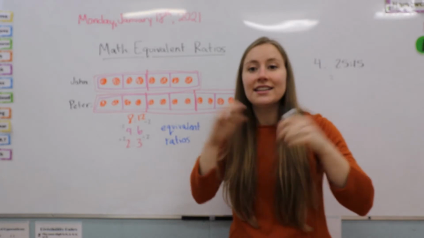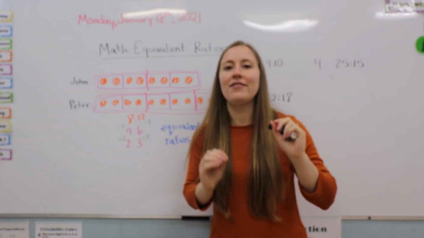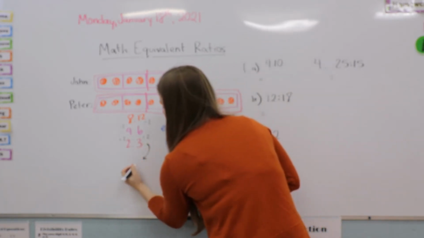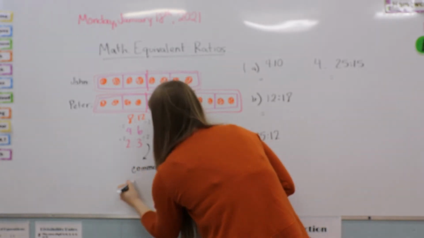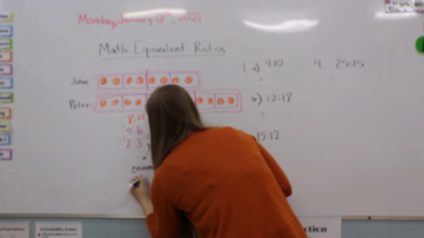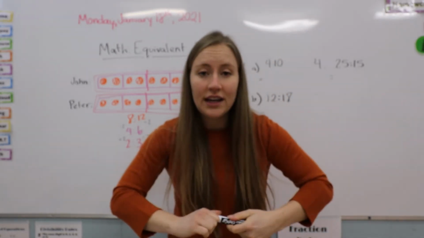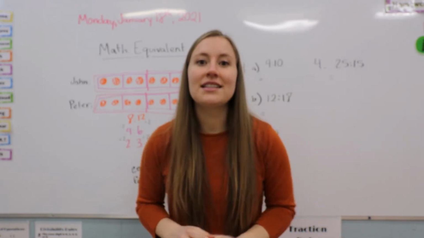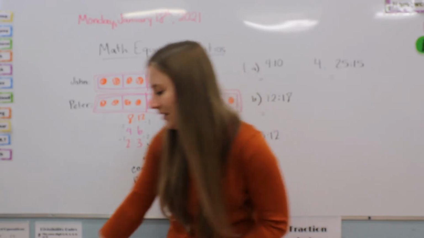It's the same as when we were doing fractions and we simplified. We're finding a common factor that we can apply to both sides. Okay? So if you need to, you can get your divisibility rules out from last week's anchor charts, because that can be helpful to you too, so you know what common factors might be possible, okay?